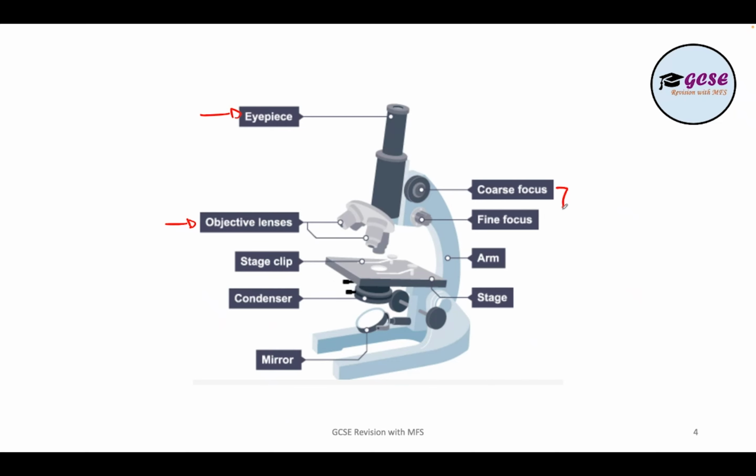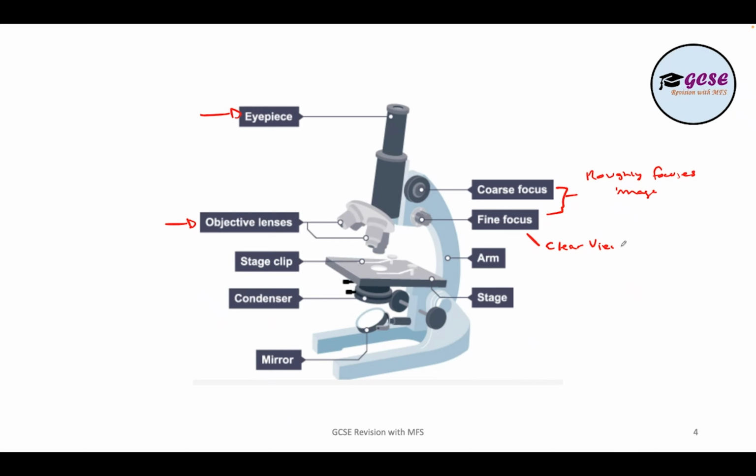The coarse focusing knob roughly focuses the image, and the fine focusing knob helps you get a clear view of the image.